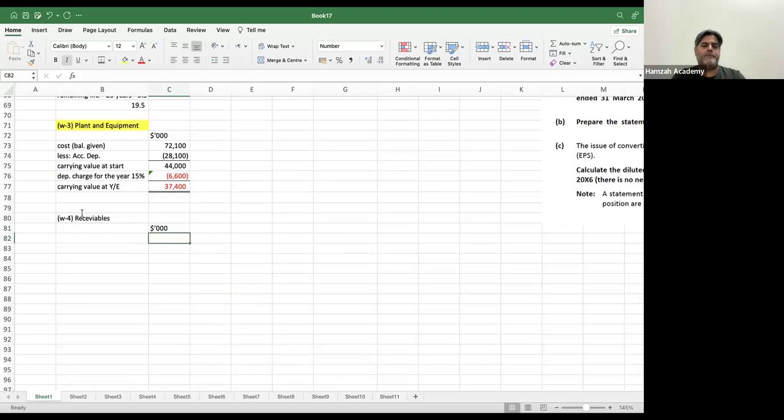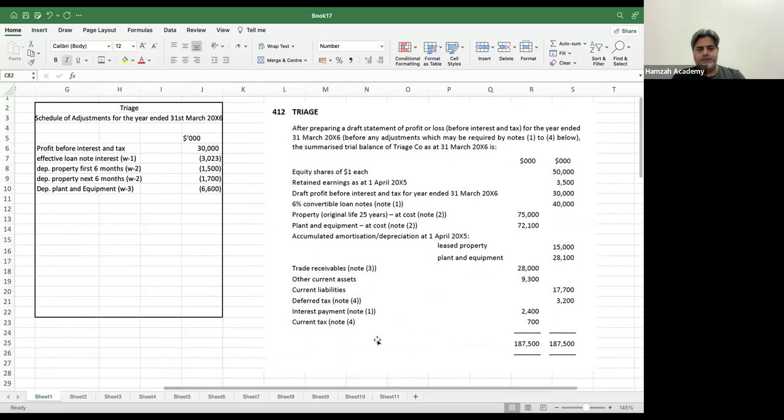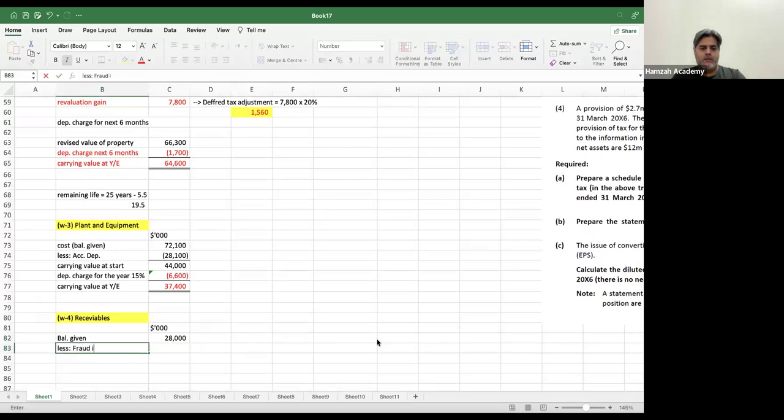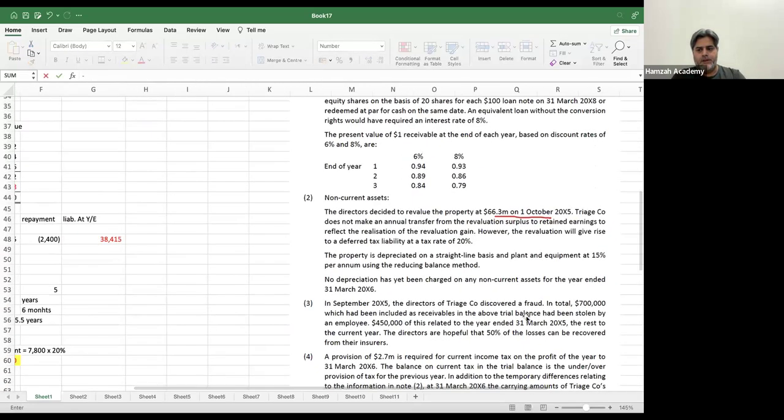receivables. I will write balance given. Trade receivables 28,000. Less fraud and receivables, that is for what? Where's the fraud? 700.